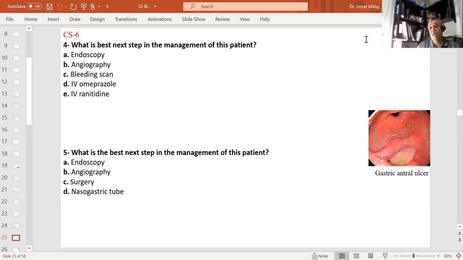Also, the PPI therapy has been shown to reduce rebleeding in the GI tract and promote healing of the stomach lining caused by the increased pH. So the PPI has been shown to reduce the rebleeding.